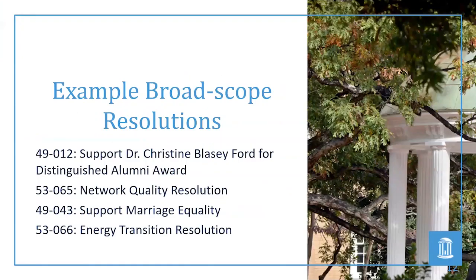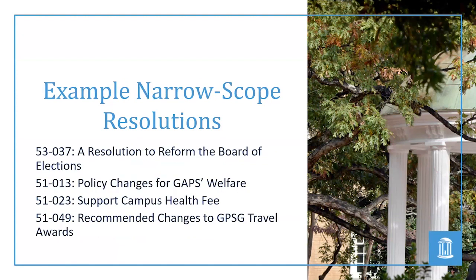Yeah, okay. Here are some good examples, like I talked about. So broad scope, a couple of recent examples I'll point out. Here's the example of supporting marriage equality. And then narrow scope. An example was a resolution to reform the Board of Elections.